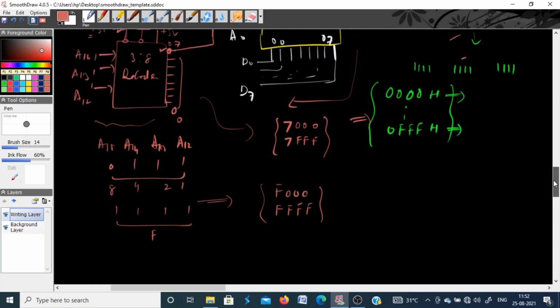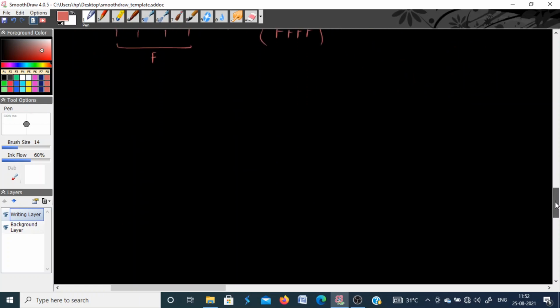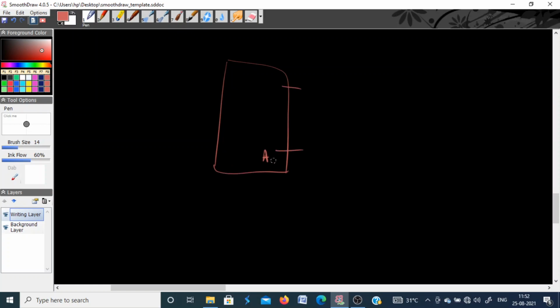So the conclusion is that in the 8085 you have a 16-bit address bus, A0 to A15. If you are interfacing a memory with the 8085 which is less than 64 kilobytes, maybe 1 kilobyte, 2 kilobyte, 4 kilobyte, 8 kilobyte, whatever it is, not all these address lines will be used for decoding the address within the memory.